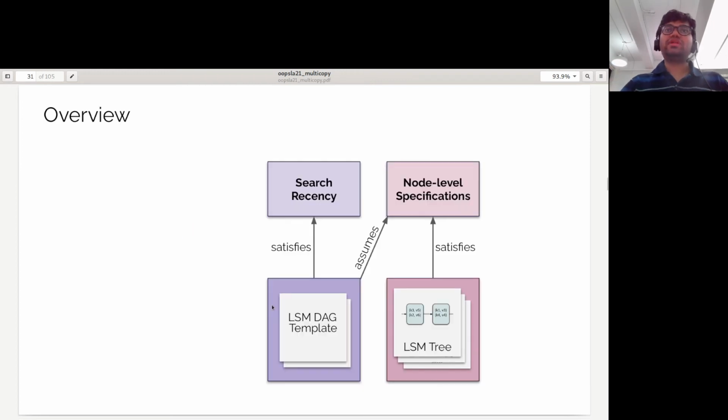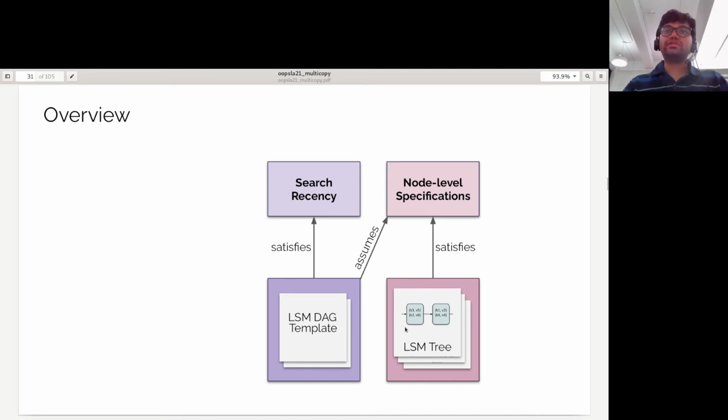Okay, so what is our plan now? Our plan is that we want to show that all these implementations satisfy search recency first, because search recency leads to linearizability of these data structures. And instead of directly showing search recency, we first introduce template algorithms, and we show that it is the template algorithms which satisfy search recency.